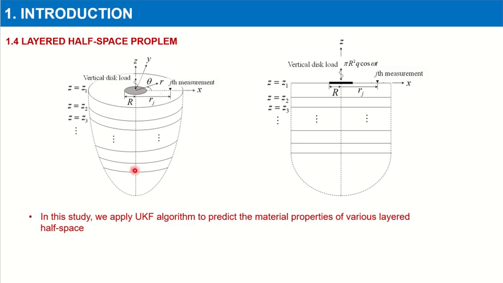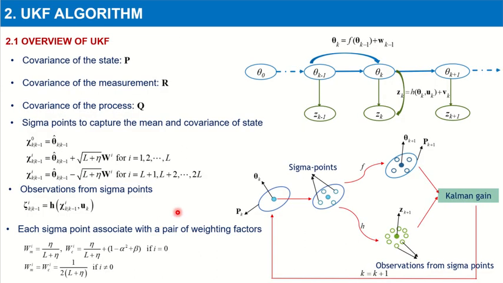We will use the Unscented Kalman filter to predict the material property of the soil based on some measurements at the surface. Next, I will go into detail on the algorithm of the Unscented Kalman filter.